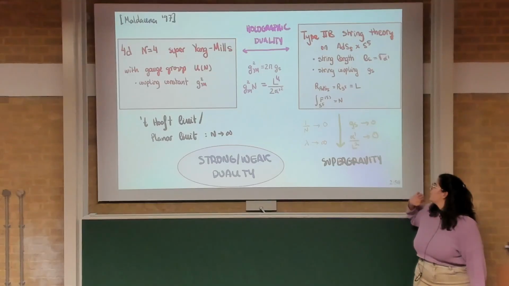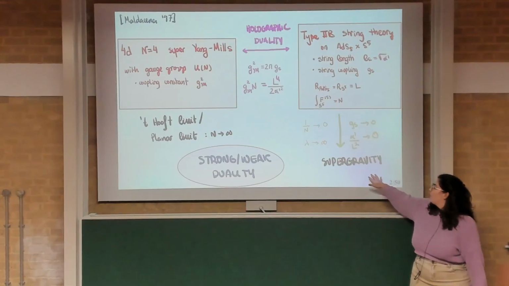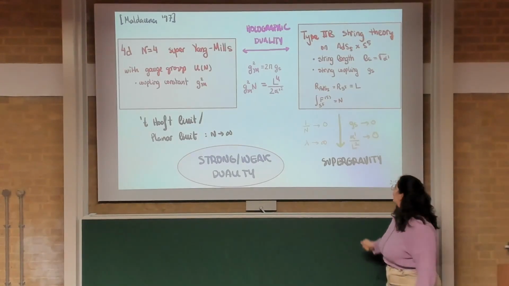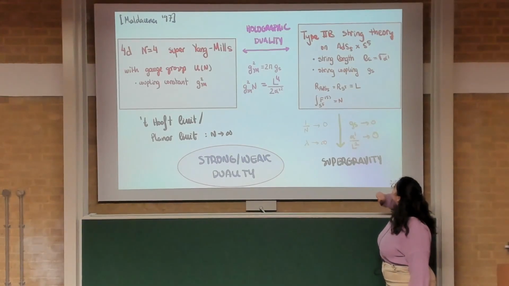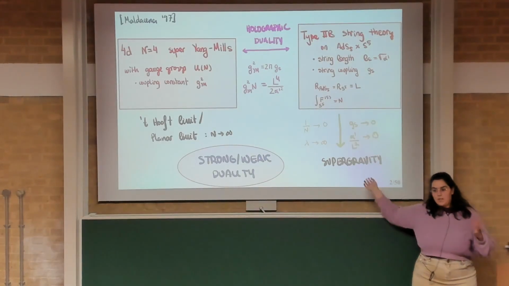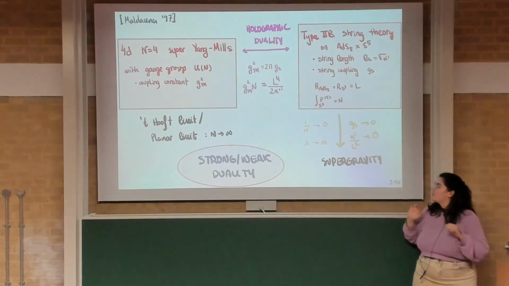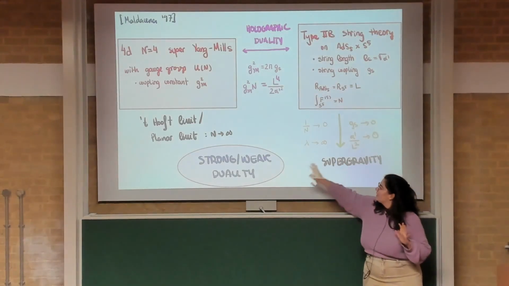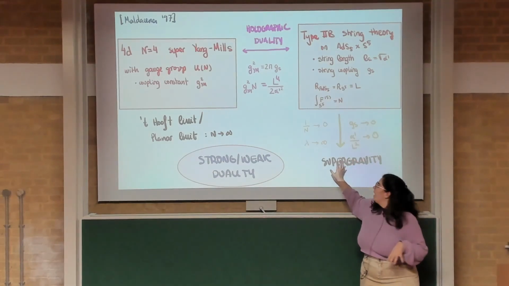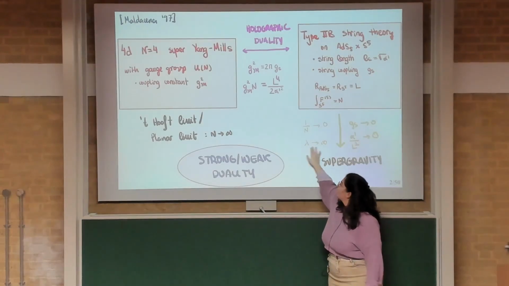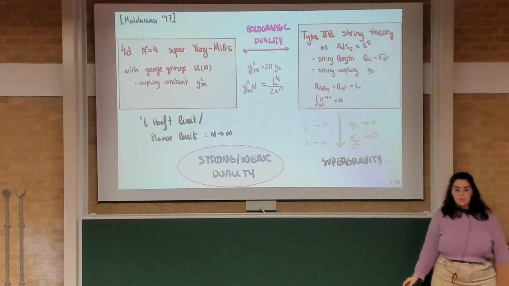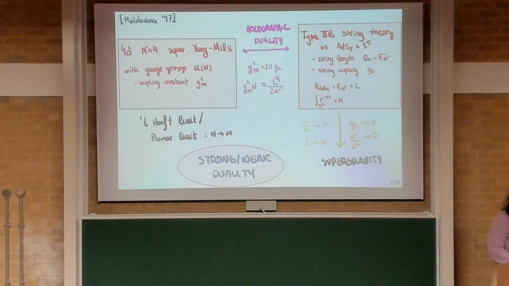I'm always going to be talking about the low energy supergravity limit, the limit in which the string length is very small. That's why we have supergravity, and also there are no quantum corrections. This strong-weak duality means that the results I get in this limit correspond to strongly coupled results in the quantum field theory side, in the planar limit.